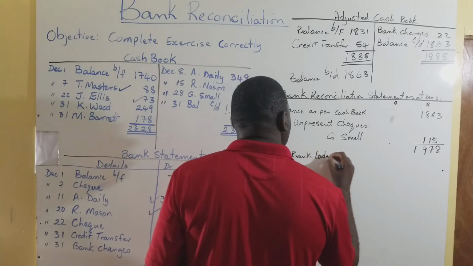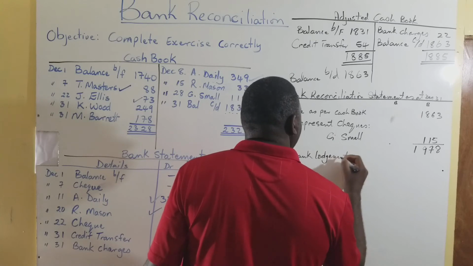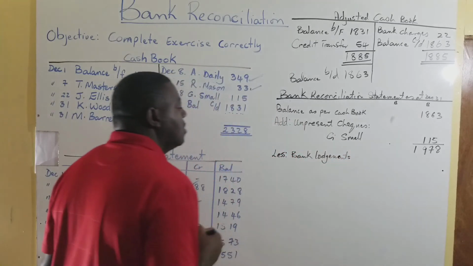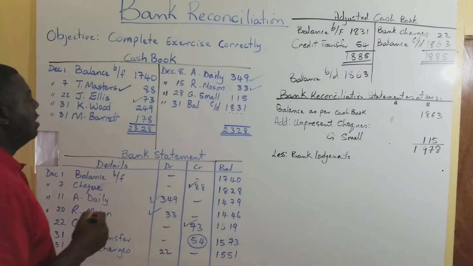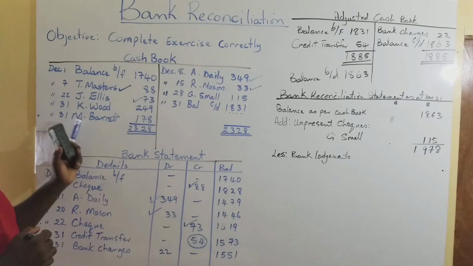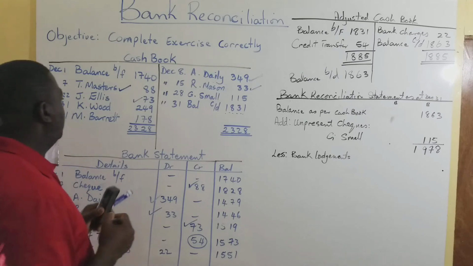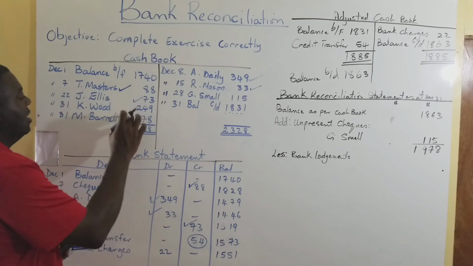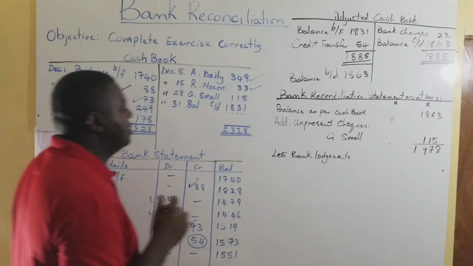Then our next move is to less, or subtract, the bank lodgements, right? Now, the bank lodgements are always found on the debit side of the cash book. And we know these are the two because we have done the elimination earlier. So these are the two items we're going to need.